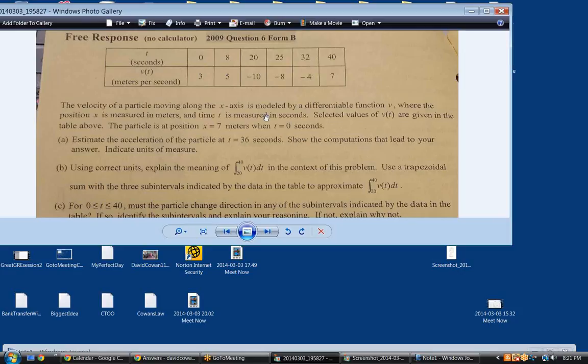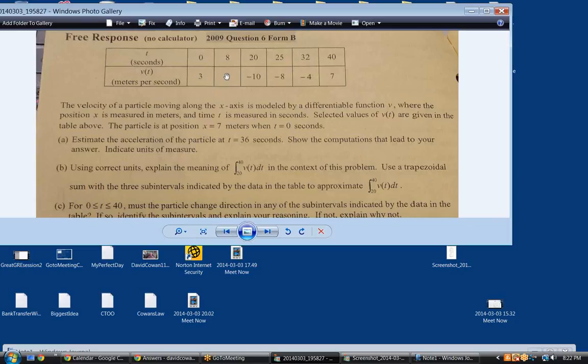Well, according to the table, she's accelerated from 3 meters per second to 5 meters per second. And she started at 7 meters. So even if she went 3 meters per second all the way up to 8 seconds and was still going 3 meters per second, how far would she travel?